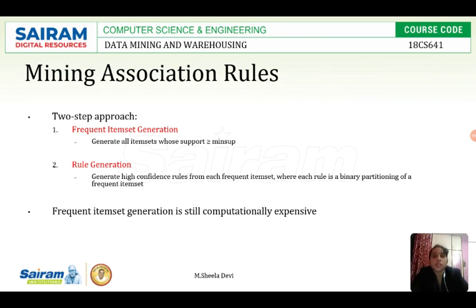First we calculate all the frequent item sets with only one condition, that the support should be greater than the minimum support threshold. And the second step is, with the help of the generated frequent item sets, we select only the rules which have high confidence. So these are the two steps involved in mining association rules.